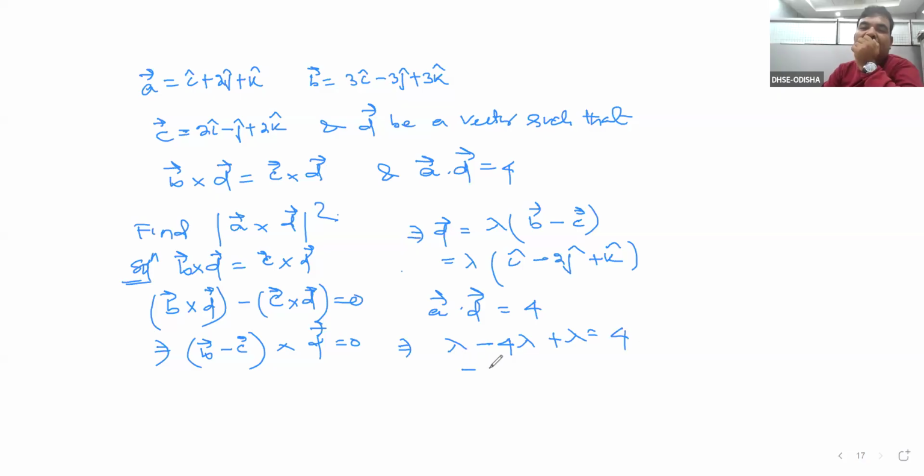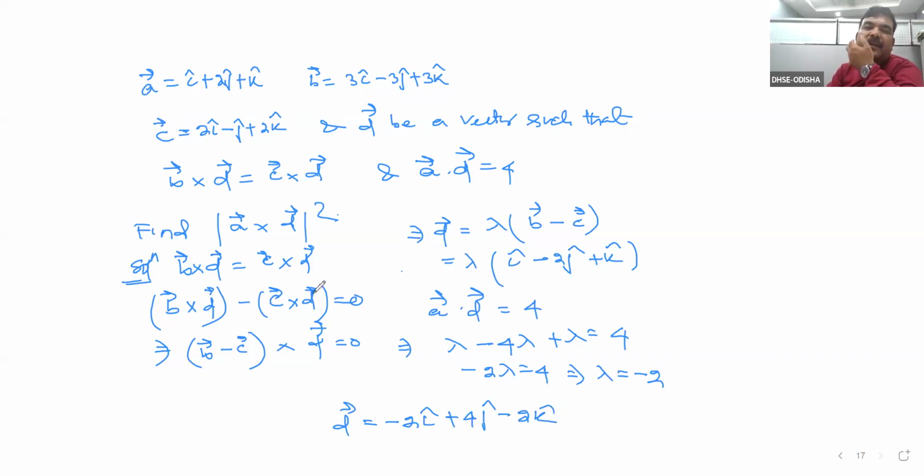So minus 2 lambda is equal to 4, which implies lambda is equal to minus 2. So the vector D is equal to minus 2 I cap plus 4 j cap minus 2 k cap.